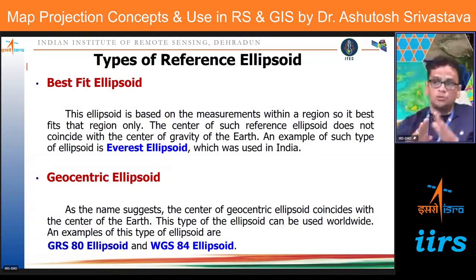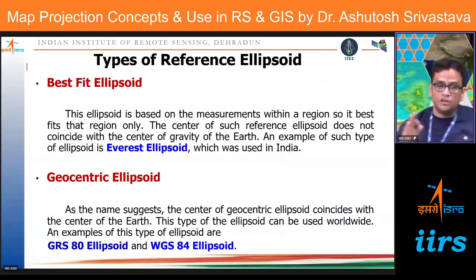They may not be suitable for other regions of the Earth. That's why it is called a best fit ellipsoid: the ellipsoid is based on measurements within a region, so it best fits that region only. The center of such a reference ellipsoid does not coincide with the center of gravity of the Earth.